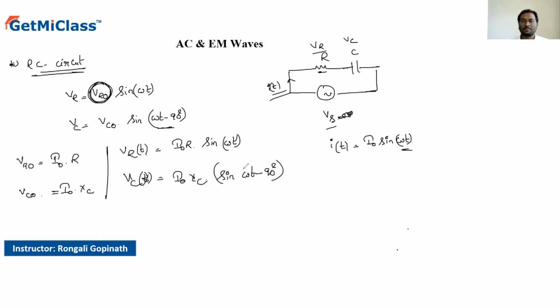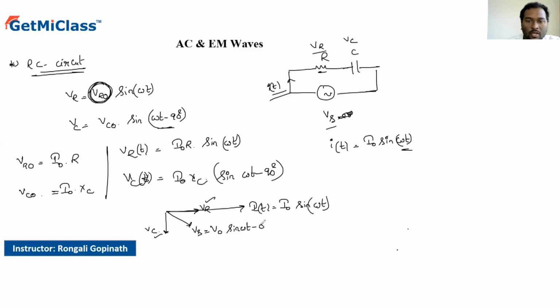Now putting them in a phasor, what do we get? We have this as VR and this as VC, and one more phasor, this as I of t, which is I naught sine of omega t. The vector sum of the voltages of the resistor and capacitor will give me the source voltage Vs, which is V naught sine of omega t minus phi, where phi is the phase difference between current and voltage.